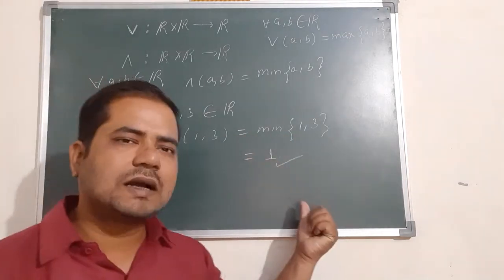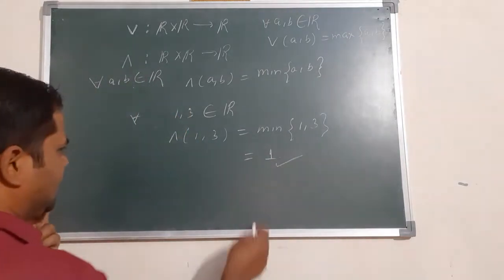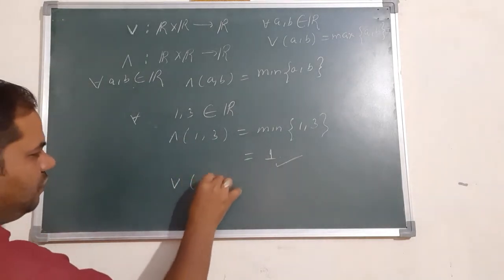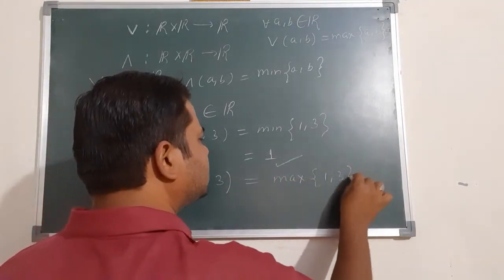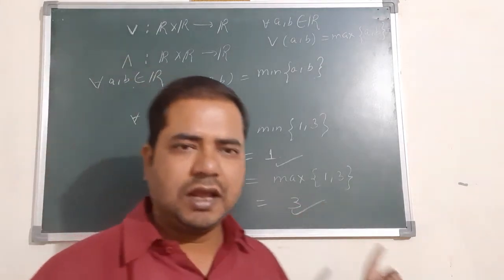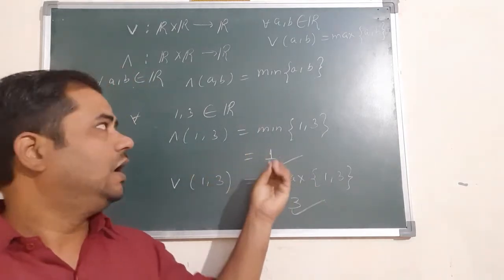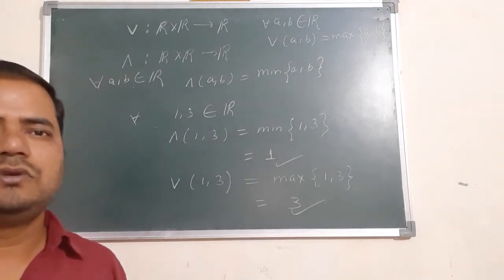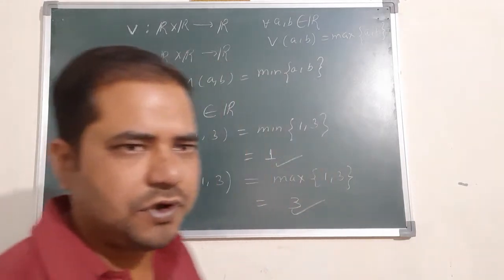That means this contains a unique element. That's why you can say this is a binary operation. Similarly, for the same question, if you consider 1, 3, then maximum of 1, 3 is 3. That means this also contains a unique element. That's why these operations, these particular functions, are binary operations. Okay, so note it down, and afterwards we make a truth table.